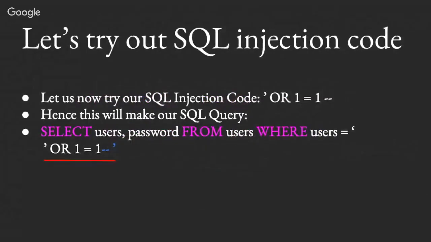So now we can try to inject our SQL injection code to get out all the users and passwords from this user table. So y'all can try to inject this and see what y'all get from the website.